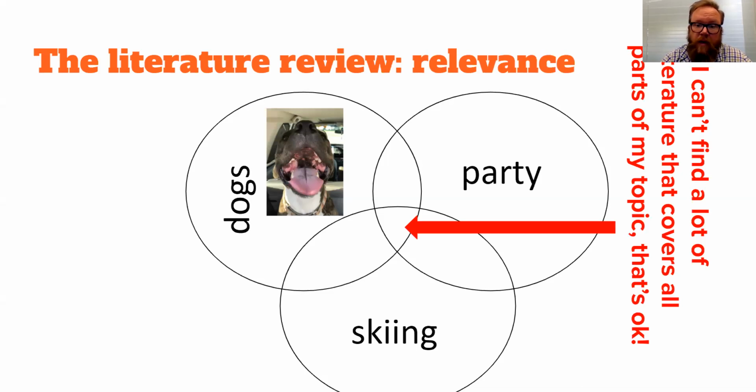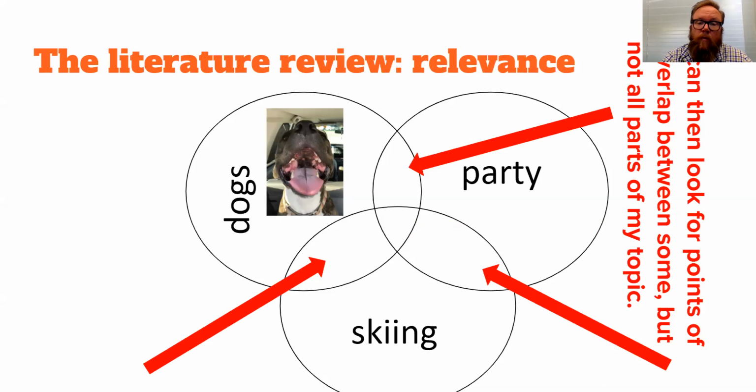But what I can do is think about zooming out. I might be able to find a whole bunch of literature on dogs who ski, a decent amount of literature on partying while skiing, and a few things on dogs who party.